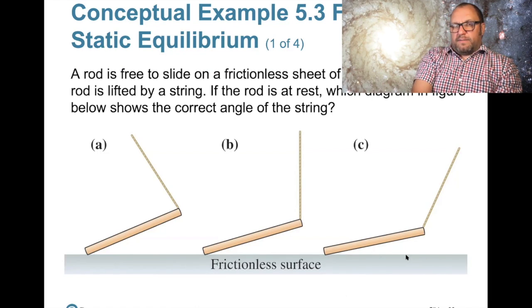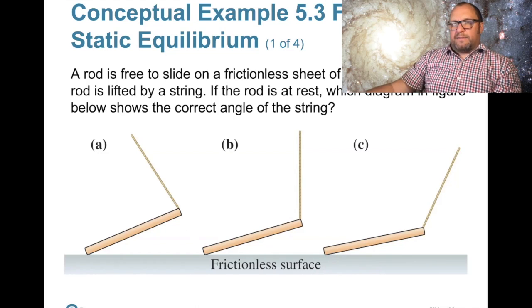All right, so a rod is free to slide on a frictionless sheet of ice. Let's take a wild guess here. We need to think about where the center of mass of this thing is, because the center of mass is going to want to hang right below the rope.